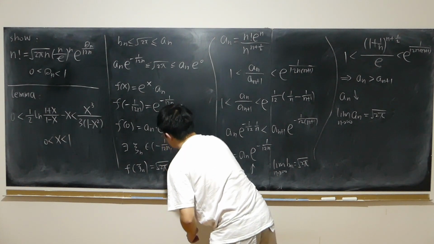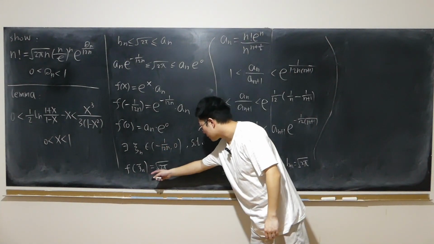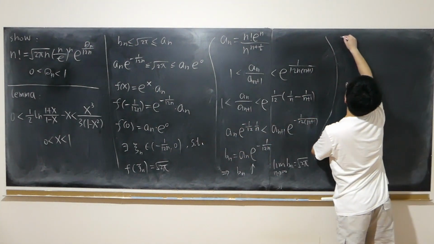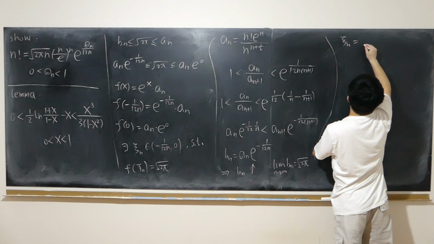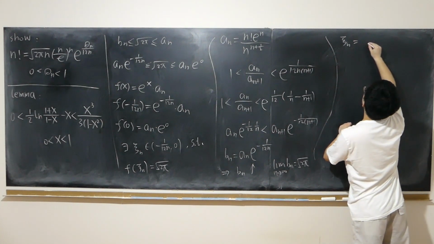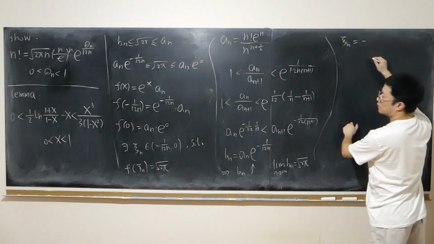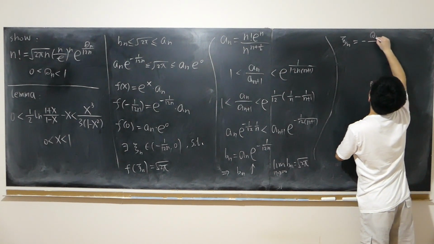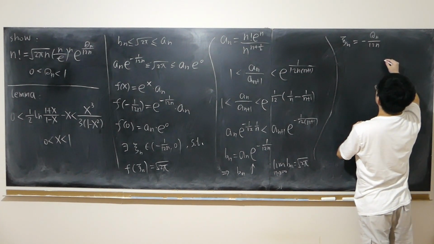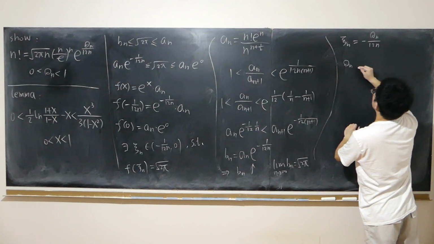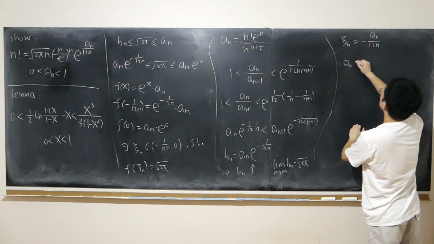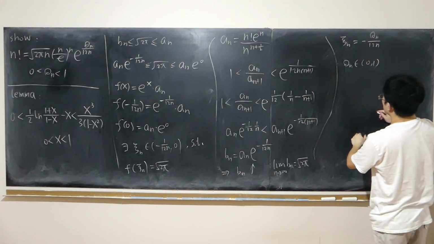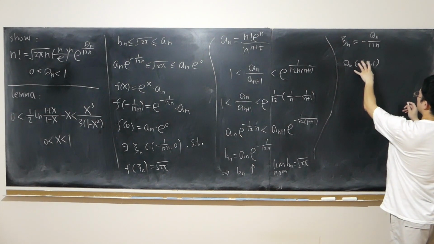Let me rewrite Cn in this interval as negative theta n over 12n, where theta n, dependent on the value of n, is inside the open interval 0, 1.